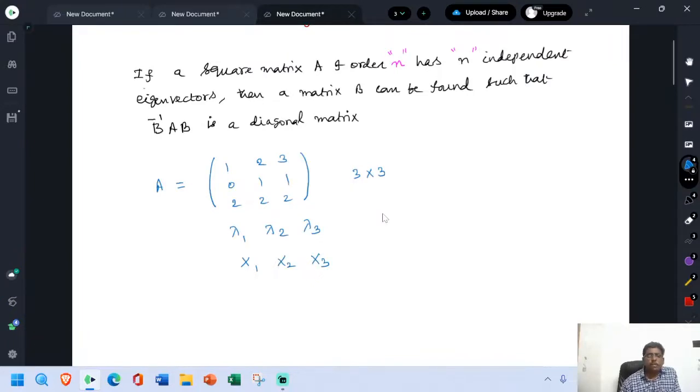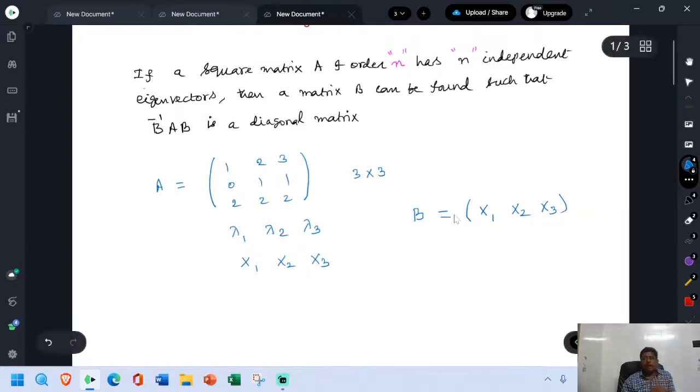With the help of these 3 eigenvectors, we can construct a new matrix x1, x2, x3. Then the newly constructed matrix may reduce the given square matrix into a diagonal matrix.